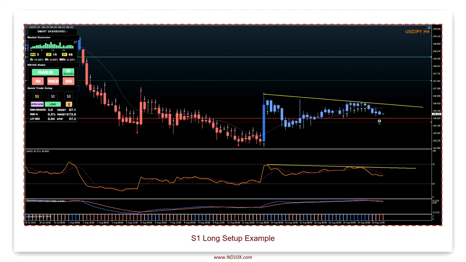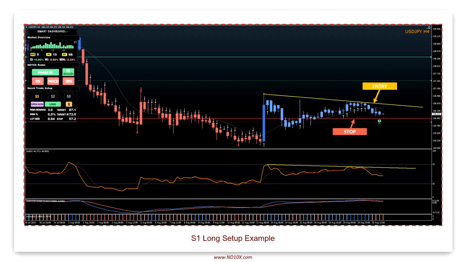Over here we have the dollar-yen on the 4-hour time frame. What we are going to do is draw that yellow line, which would be our entry line, from the first high through the first lower high. So similar to what we did with the RSI.